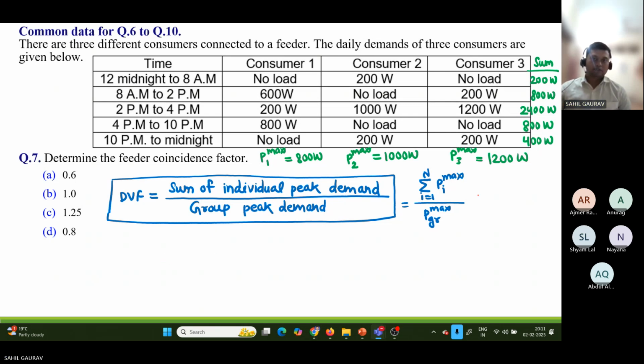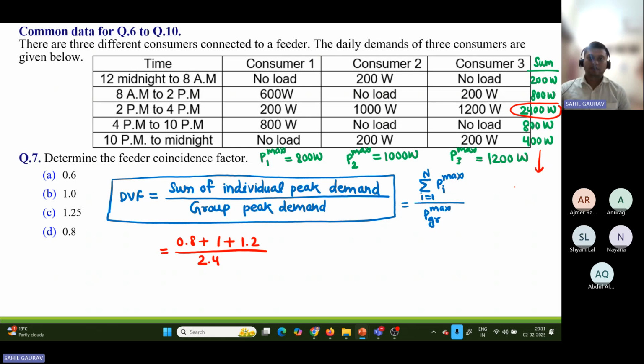So the sum of individual peak demand: P1 max is 0.8 kilowatt plus P2 max is 1 kilowatt plus P3 max is 1.2 kilowatt, that is 3 kilowatt. And group peak demand is 2.4 kilowatt because this one is highest.